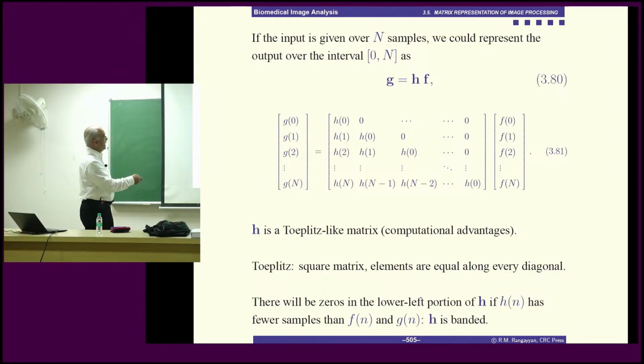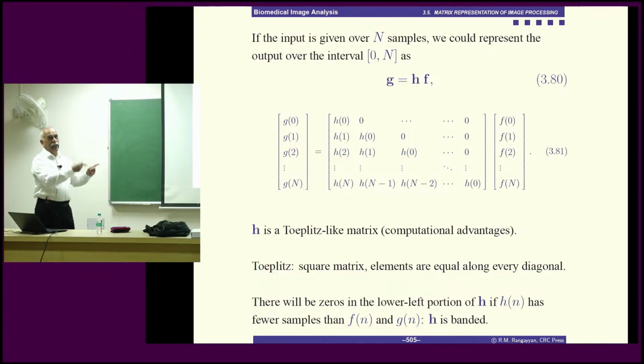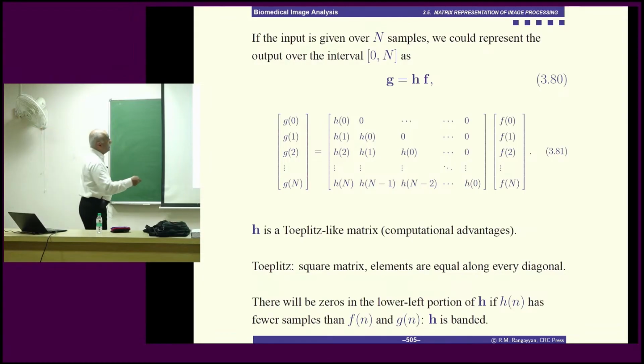So what do you get? g(n) is f0 times hn, f1 times h(n minus 1), and so on. So write that and check with the equation, and that is correct. So this matrix H is not diagonal, but there is a whole bunch of zeros there.